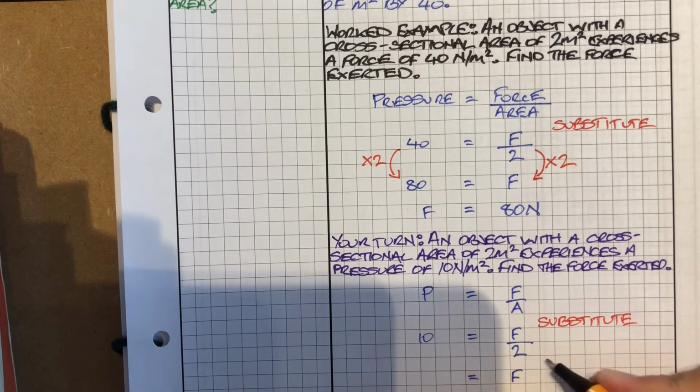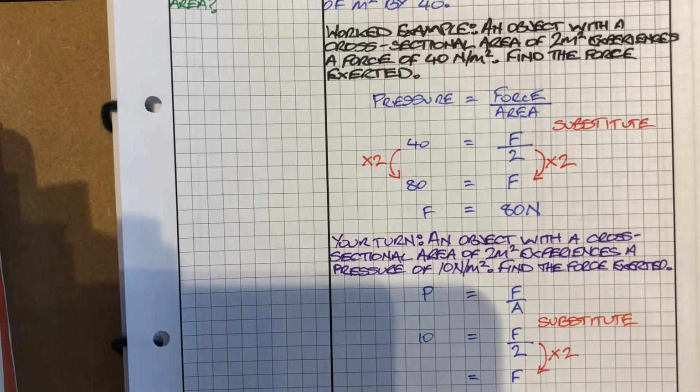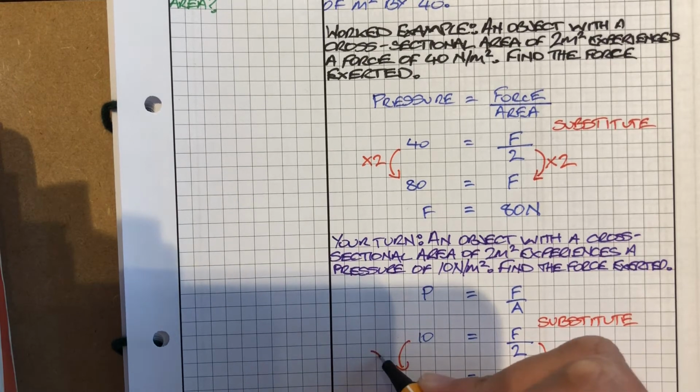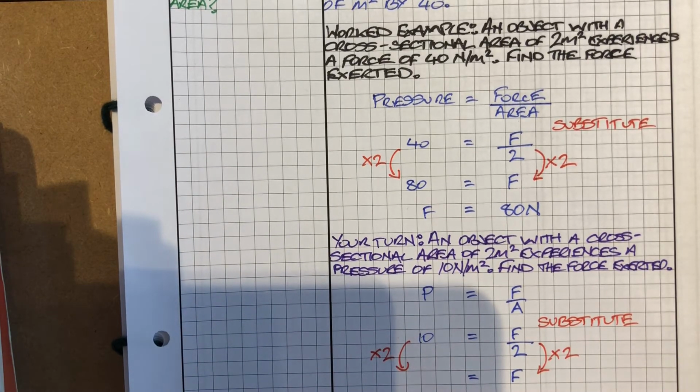So we need to get rid of the divide by 2 by multiplying by 2 on this side, which means we also multiply by 2 on this side. 10 times 2 is 20. If there's 10 newtons for every square metre, and we've got 2 square metres, that's 2 lots of 10, which gives us 20. The force then is 20 newtons. All right.